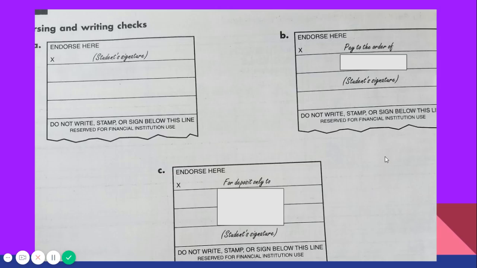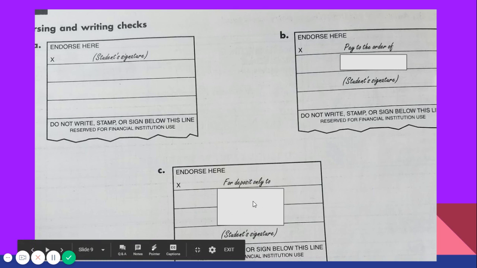So this first one, you would just simply sign your name. Special endorsement, paid to the order of, and I believe it was Kelsey Sather. Sign your name. And thirdly, for deposit only, whatever the account that you have, and then sign your name.